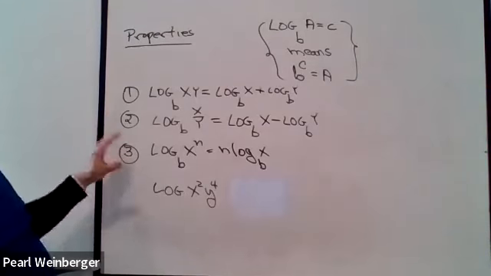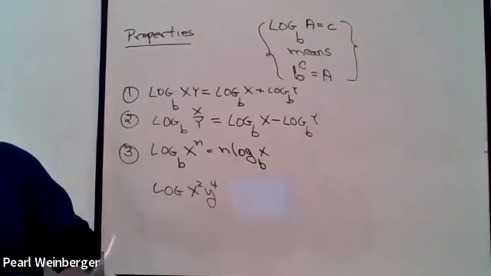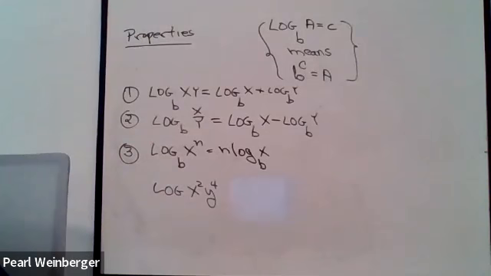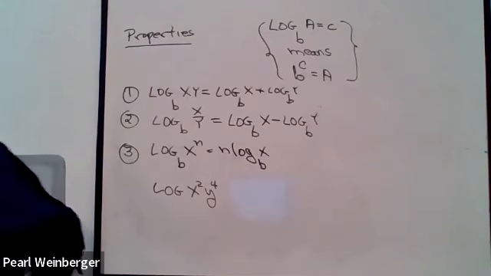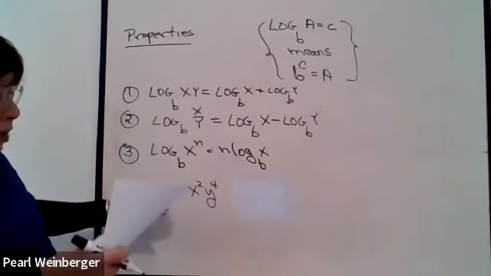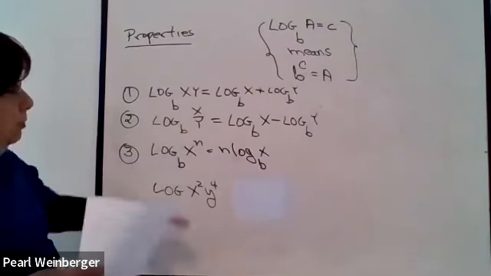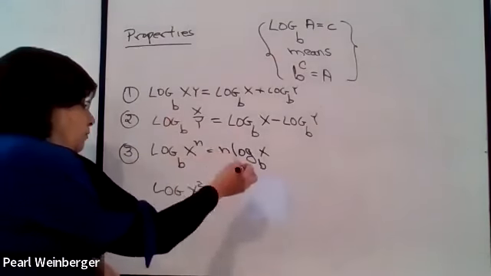But the question is, here's the wording of the question. Use the three properties of logarithms to expand each expression. They want these to be written in what we call expanded form.